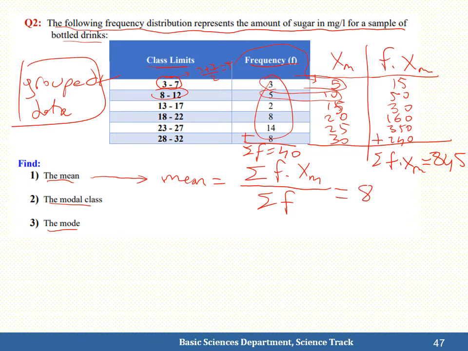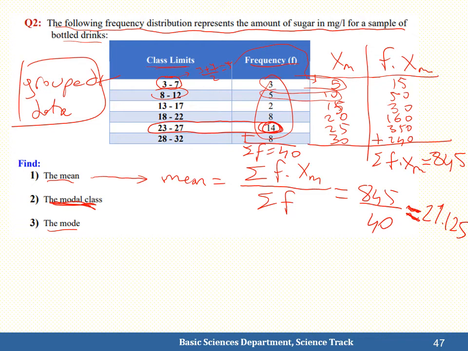So the mean will be 845 divided by 40, which is exactly 21.125. The modal class, if you remember, is the class that has the highest frequency.